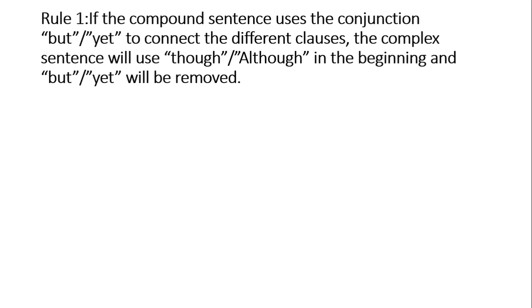If the compound sentence uses the conjunction but or yet to connect the different clauses, the complex sentence will use though or although in the beginning, and but or yet will be removed. As we already know, in our compound sentence we will find a coordinating conjunction.